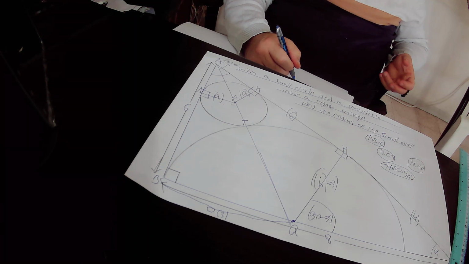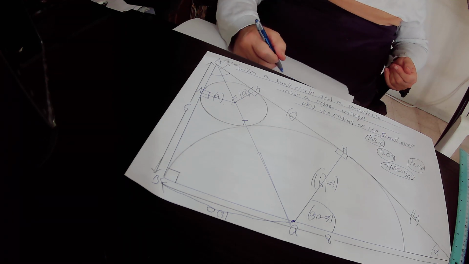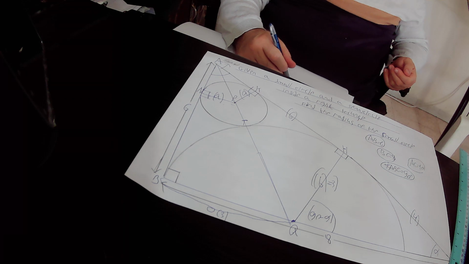That is the straight line that is the angle bisector of A. So the angle bisector of A is a straight line.